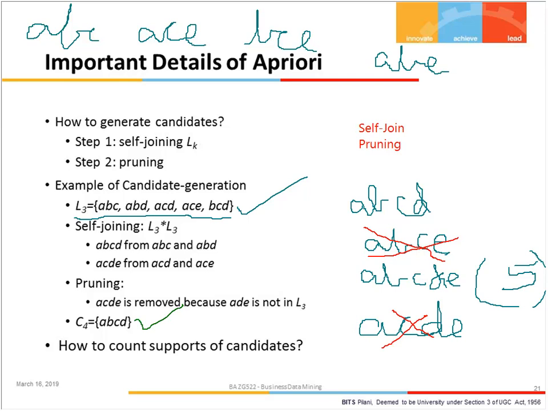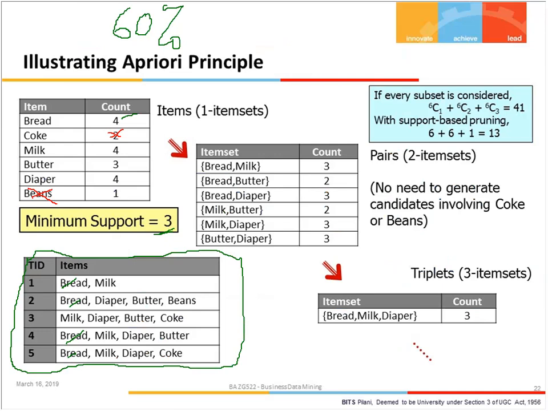All we used is the a priori principle, where we know that the support for a superset is never greater than the support of its subsets. So having generated candidates, now we know how to generate the support for 1-item sets.